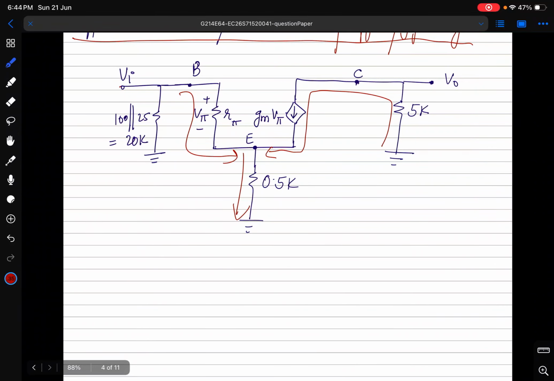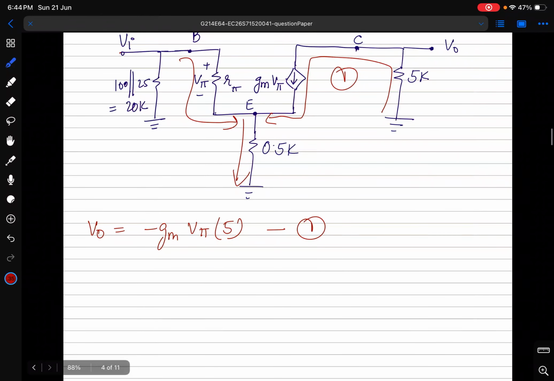So first I will apply KVL in this branch, first branch. So this comes out to be V0 is negative GM V pi multiplied by 5. This is the first equation. Second equation I'll get from this node V. So this will be V by 0.5.